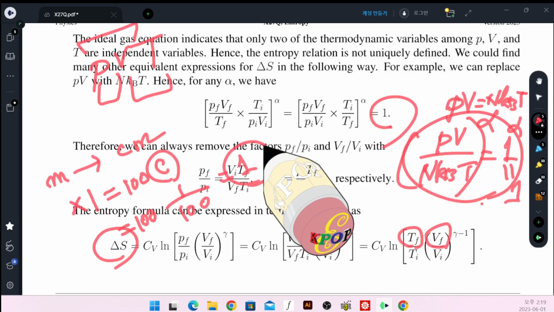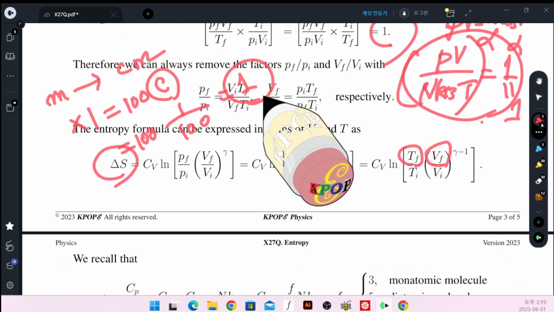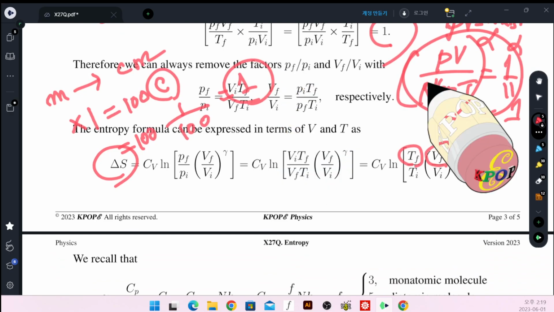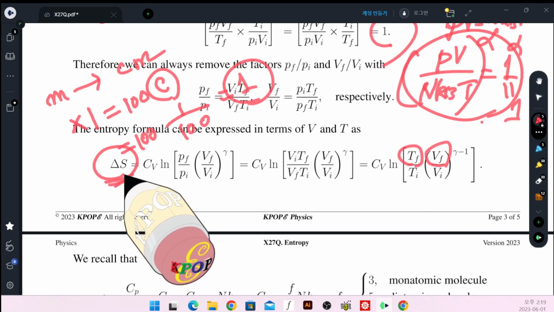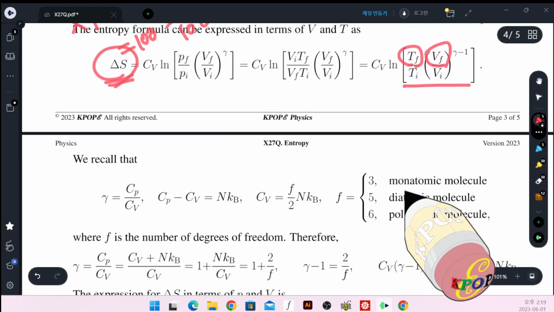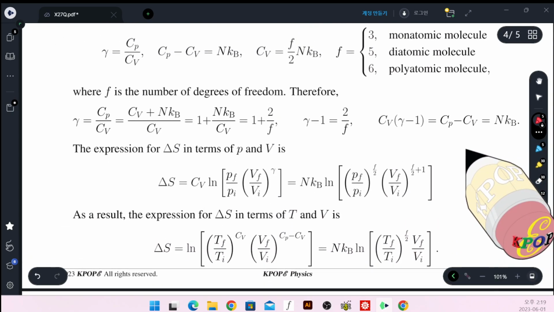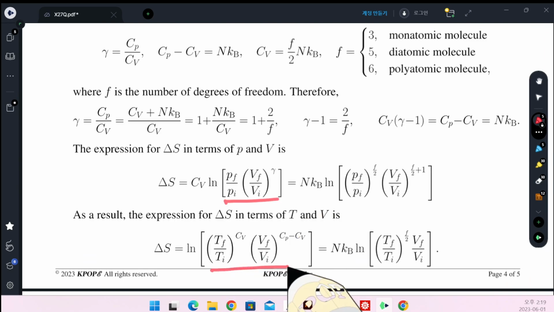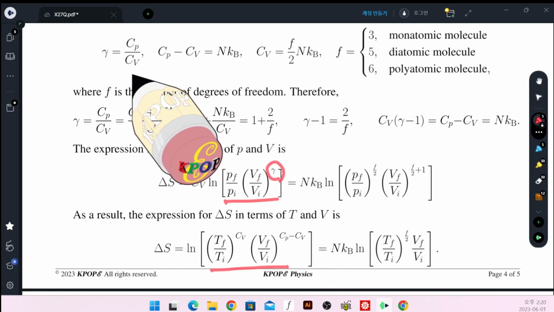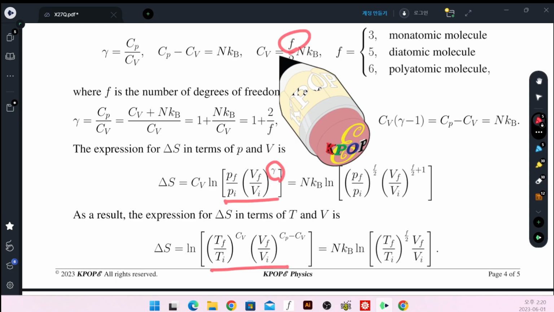In a similar manner, what we have done with the conversion is multiplying the conversion factor to find the relation for delta S in terms of temperature and volume. So pressure and volume, and temperature and volume. In addition, this gamma, this Cp over Cv, can always be expressed in terms of the number of degrees of freedom.